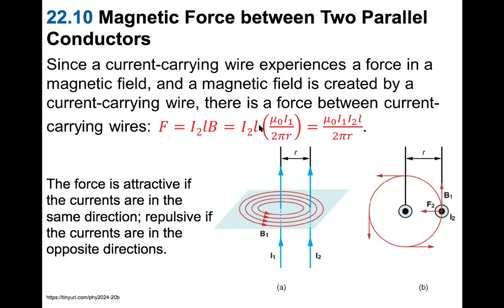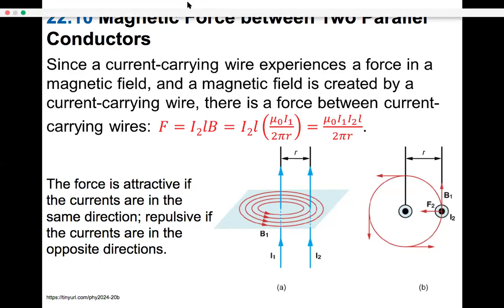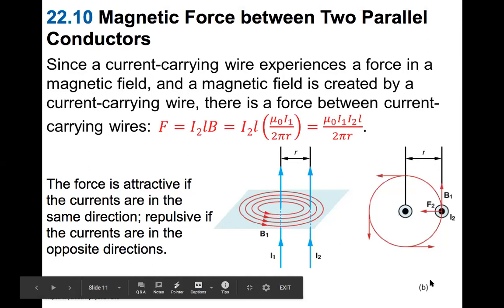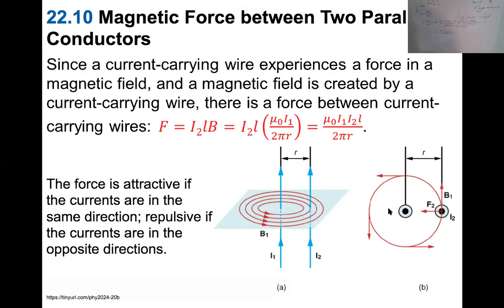So at the end, you are combining these expressions, and you'll get F equals mu naught I1 I2 times the length of the wire, divided by 2 pi times R. So this will be the magnetic force on the wire if it has a length of L. More often, you'll be asked to solve for the force per unit length.